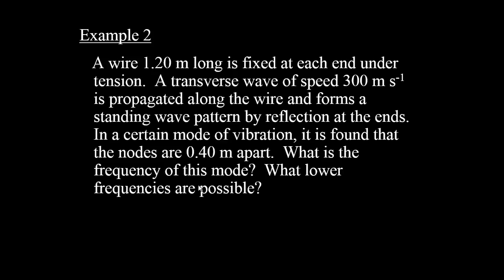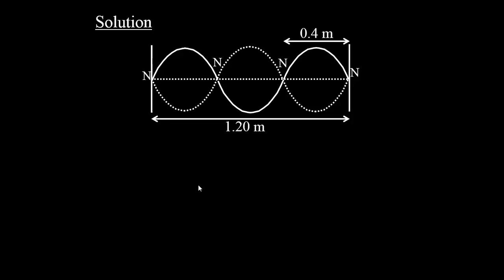So the strategy to solve this question is to draw a diagram. The wire is 1.2 meter, node to node is 0.4. So if I take 1.2 divided by 0.4, I will have 3 half lambda, so I should see 3 loops.